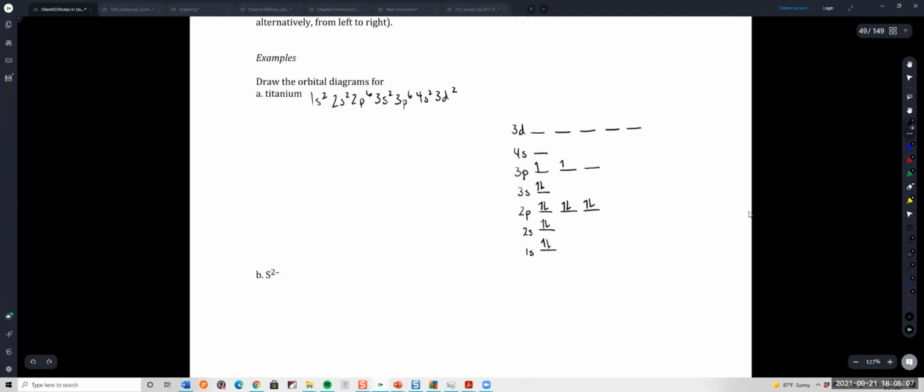Spin up, spin up, spin up, spin down, down, down. 4s has spin up, spin down. And then 3d2, 2 electrons, so spin up.